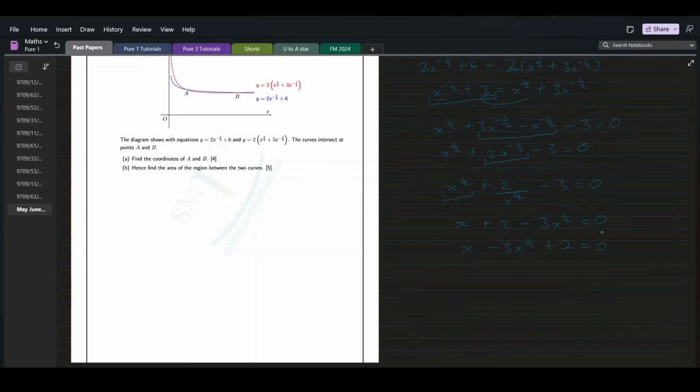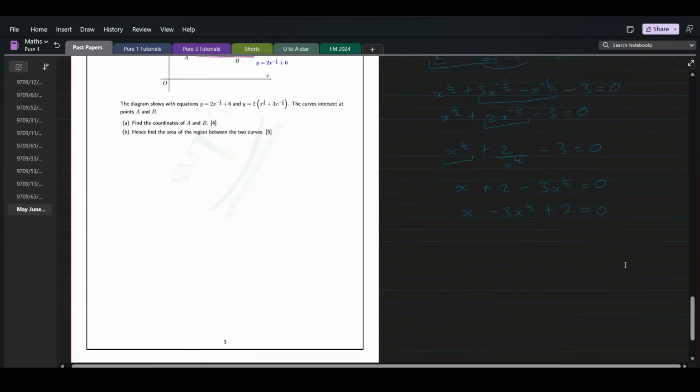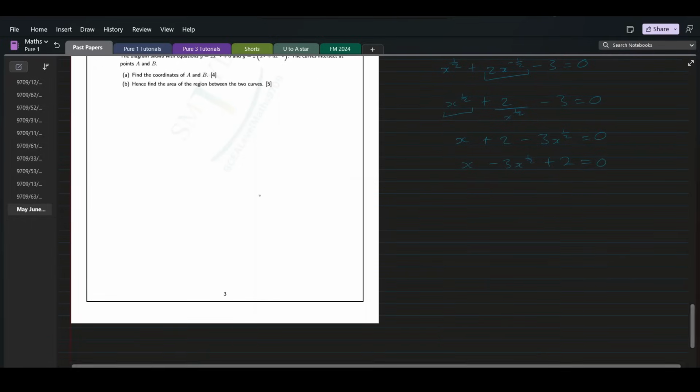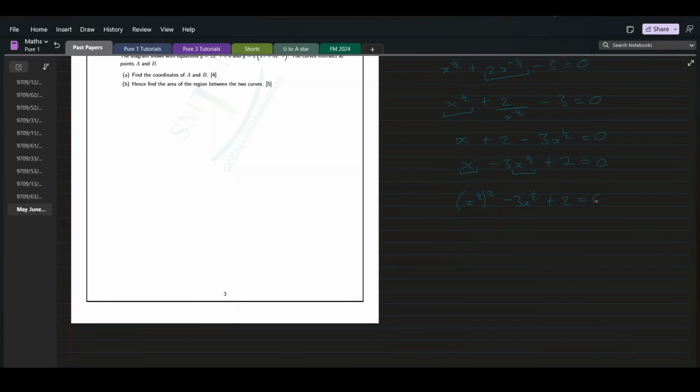Now this is a hidden quadratic, so to make that visible, I'll write this x in terms of x to the half, so it would be x to the half squared, using laws of indices, half times 2 gives us 1. Okay, and we've got minus 3x to the half plus 2 is equal to 0.